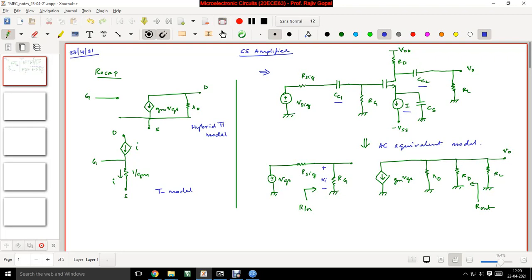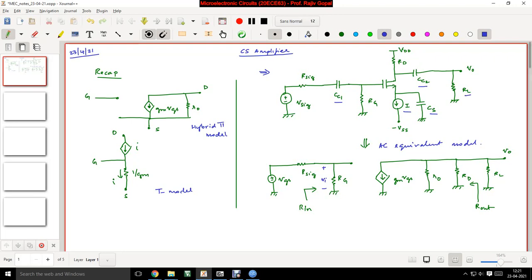VDD and minus VSS are both biasing supply voltages. CS here is the bypass capacitance, used particularly to bypass the current source branch. RL is the load resistance.